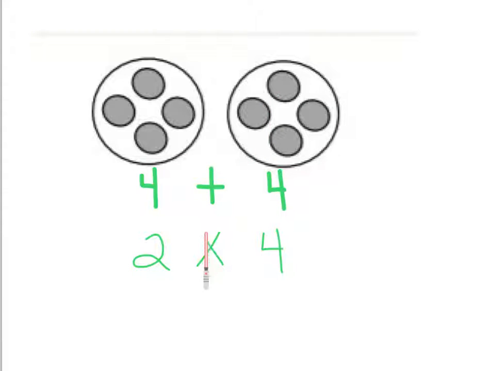And I know this multiplication sign is just another word for saying groups of. 2 times 4 or 2 groups of 4 equals 8. And 4 plus 4 equals 8. They both have the same answer because they both represent the same picture.